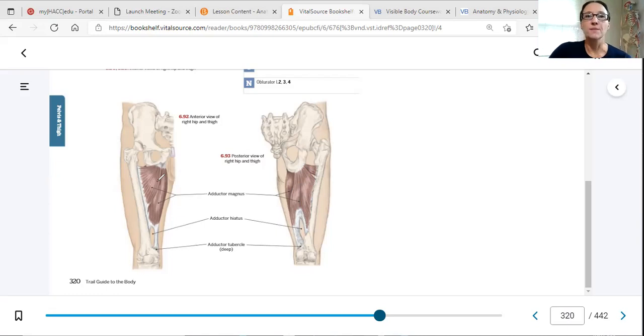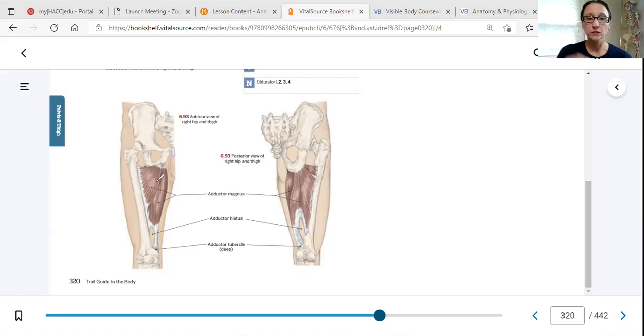You have to understand that the adductors are not strong flexors. We will get to the really strong flexors in this unit. Adductors assist to flex, okay? So adductor magnus assists to flex the hip. And the posterior fibers of the adductors extend the hip. So you had 4 actions for adductor magnus.